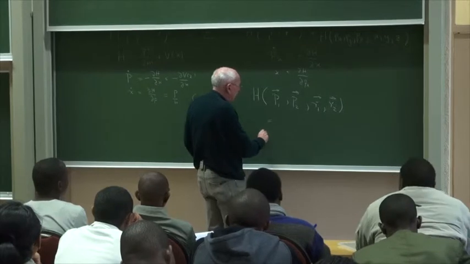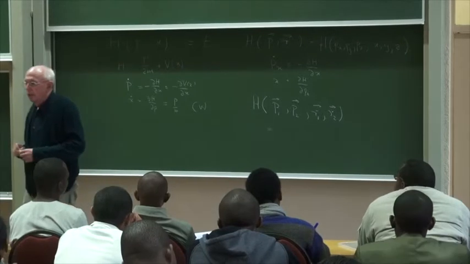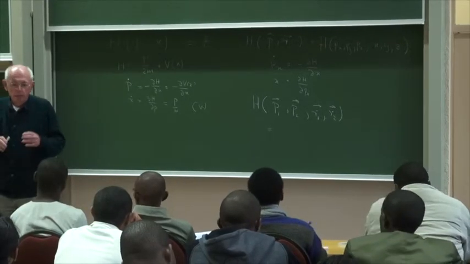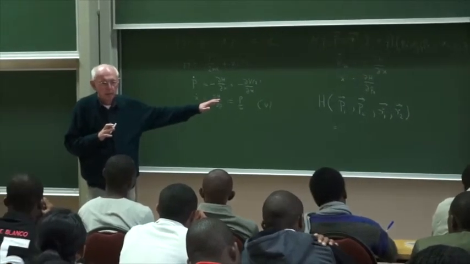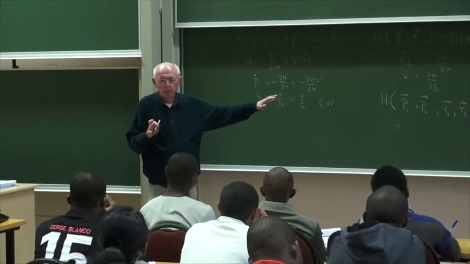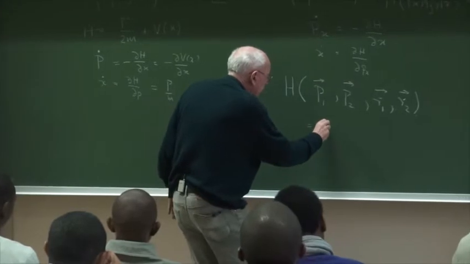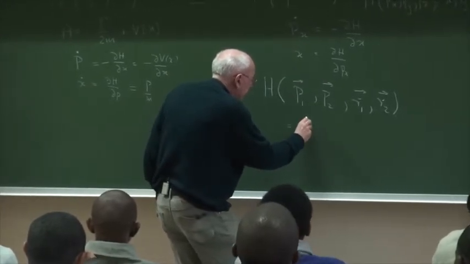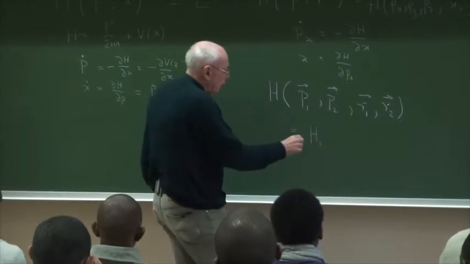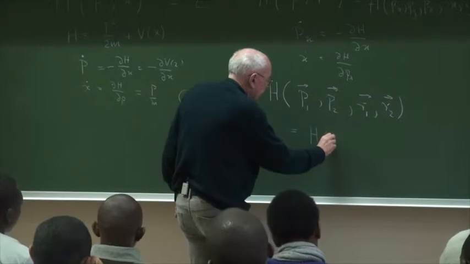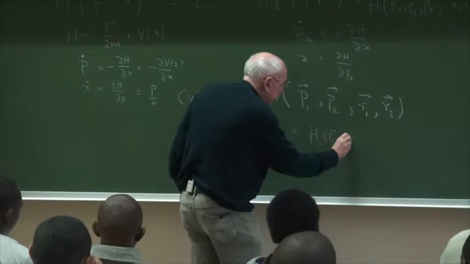If I do this thing with 2 particles, then the structure of that H will be what? It will be another H. Let me put it, the H of particle 1, which depends on p1 and r1.